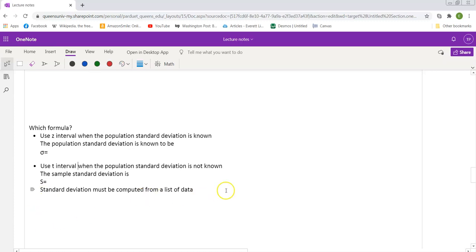All right, so whenever they give you a list of data, it's going to be a sample rather than a population. So this is going to be a sample standard deviation here. All right, so this is kind of a key here for determining which formula to use.